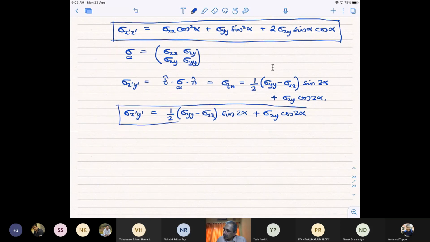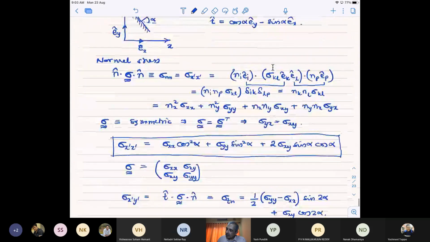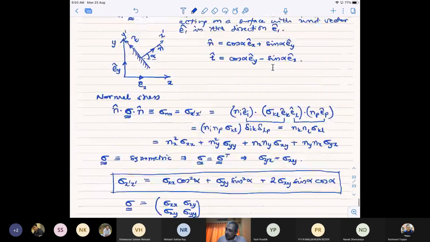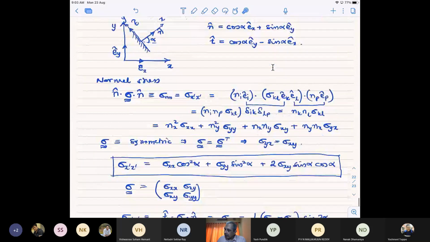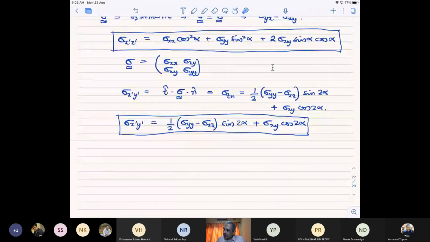So we can get the normal stress and shear stress on this surface for any angle alpha. As I turn that angle, when alpha is 0, sigma x prime is equal to sigma xx, and sigma x prime y prime is equal to sigma xy, because when alpha is 0, this is 0 and this is 1. But as I change alpha, both the shear stress and the normal stress will change.